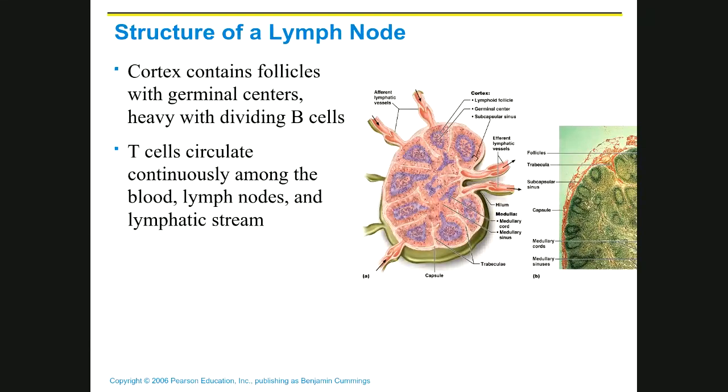We also have T cells too, but the T cells move around. They circulate. They go with the fluid, and then they go around and they come back. But B cells just sort of stay where they are located.